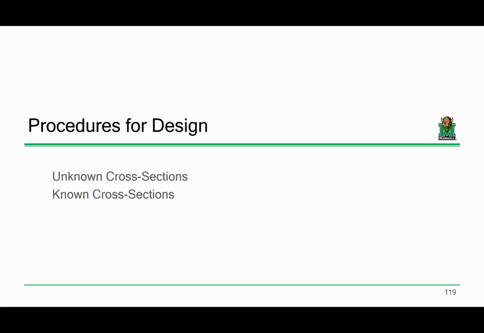So in that design mode, you know what the beam looks like. You know the shape of the beam. You know the cross-section. What you don't know is the steel. You do not know the reinforcement pattern. Okay? So we're going to go through two different types of design procedures for reinforced concrete beams. One where you don't know what the beam looks like at all, and one where you do. Does that make sense?